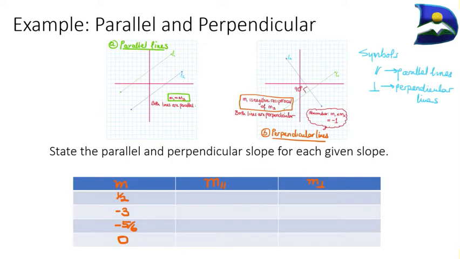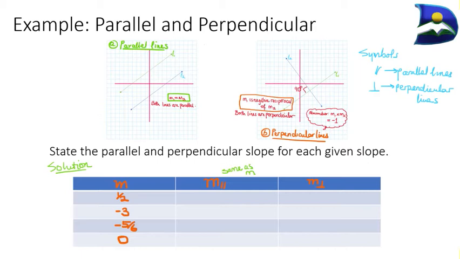So m only represents slope. The m with the two lines tells me that this is dealing with parallel lines, and the m that has the T flipped upside down tells me that the line is perpendicular to m. So let's look in here. For the solution, we recognize that the parallel line must have a slope that is the same as m.